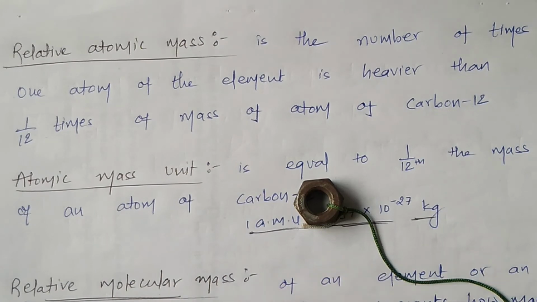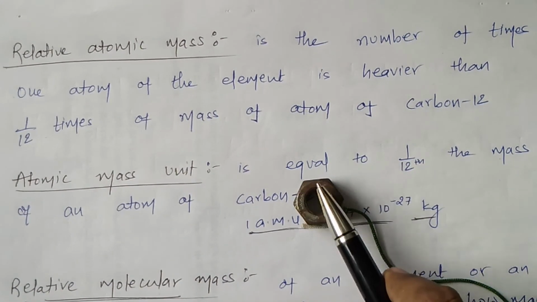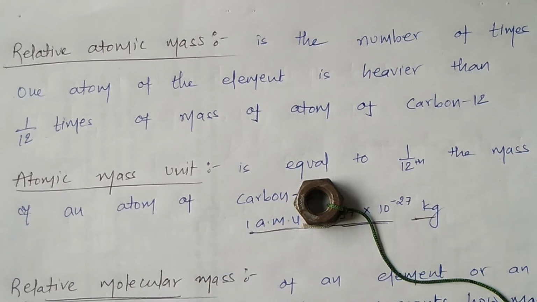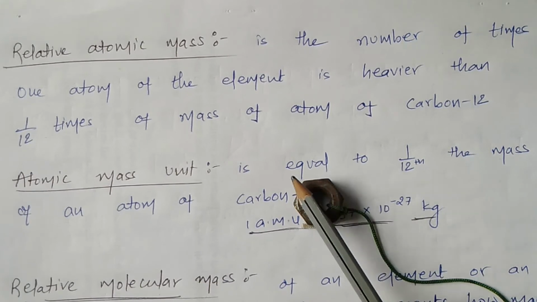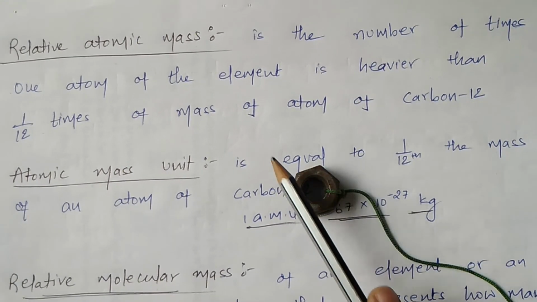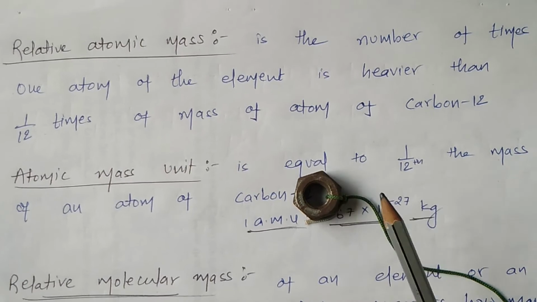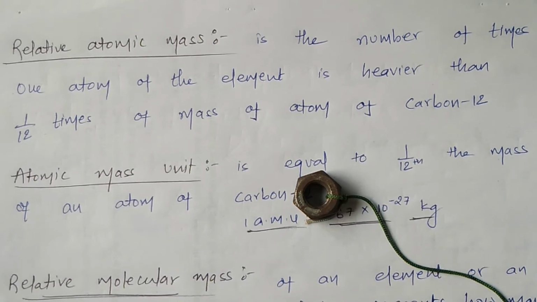Okay, now I'll cut this into pieces. I cannot cut this nut into pieces like this, but you understand that I am cutting this into 12 pieces. Now if you see carefully, there are 6 protons, 6 neutrons.